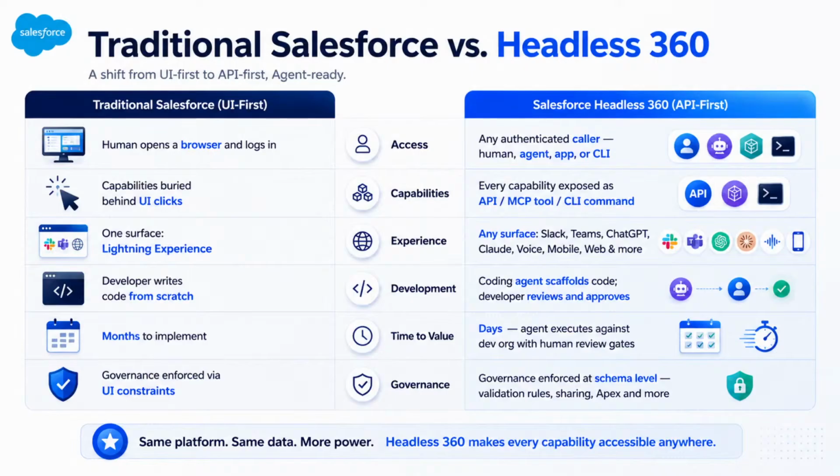Rather, there are authenticated callers, and it can be a human, an agent, an app, or CLI. They are making authenticated calls to the system and trying to retrieve information. So rather than me logging into Salesforce directly, I am interacting with Salesforce through something else. It can be an external app, an agent, or CLI, something like that.